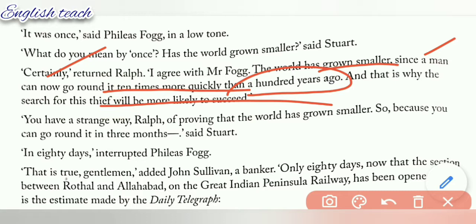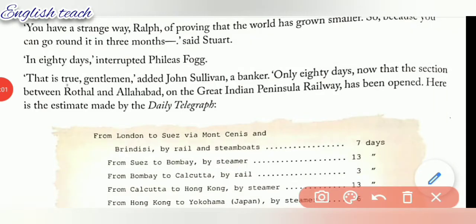But what is happening next? You have a strange way, Ralph. Strange way means there is another way. Suddenly Phileas forecast, in 80 days. It is true, gentlemen, added Sullivan, a banker, he is also one of the bankers.